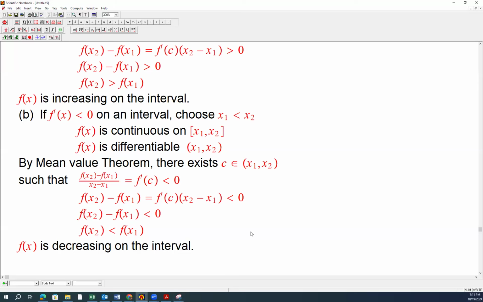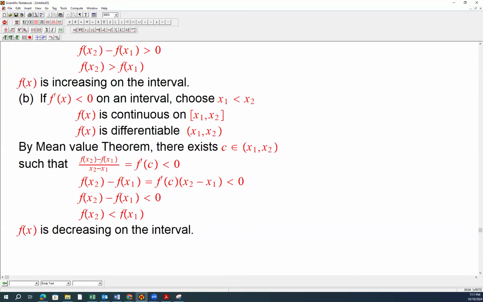So this is the increasing, decreasing test. Very, very important and very, very useful. And then we're going to talk about the first derivative test. In this lesson, we mainly talk about the theory, and in other lessons, we're going to talk about how to use it.